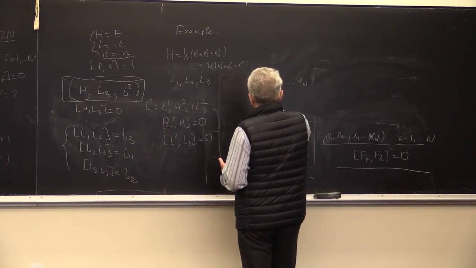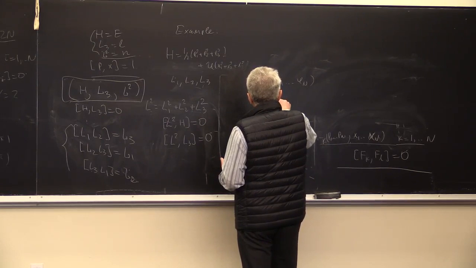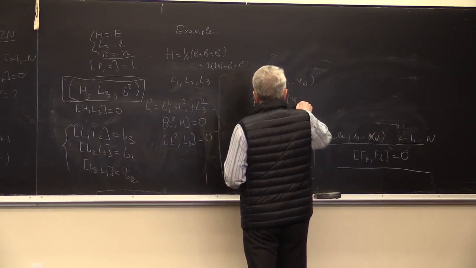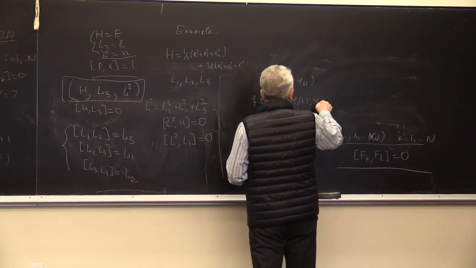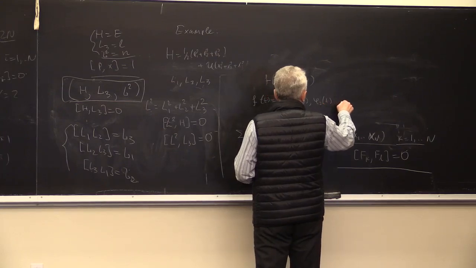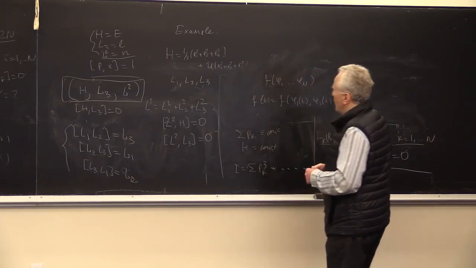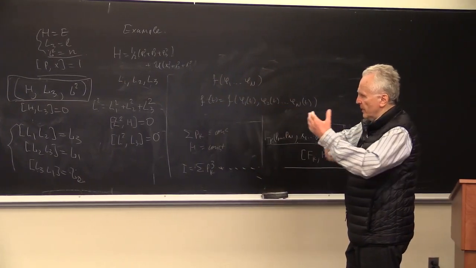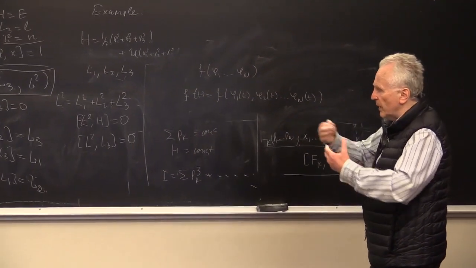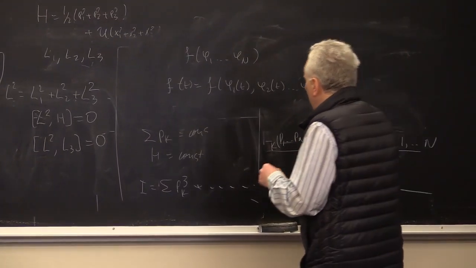So f of t is f of phi 1 of t, phi 2 of t, ... phi n of t. And as the system moves, it changes in quite a complicated way.